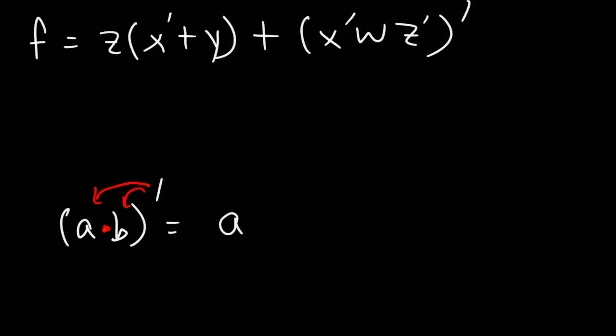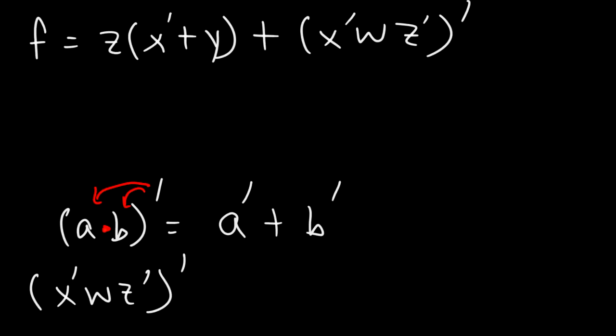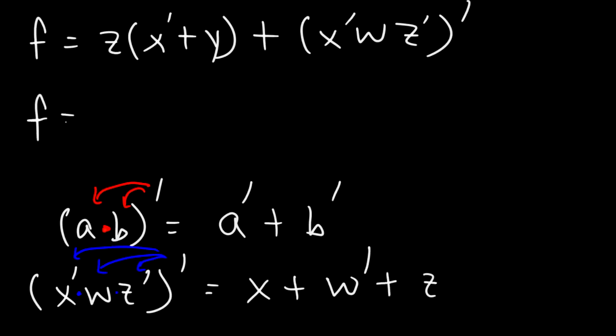So instead of A times B, it's going to be A plus B, but we're going to put the complement on A and B. So therefore, we can apply that here. So let's distribute the complement symbol to each variable on the inside, and let's change multiplication to addition. So it's going to be X plus W prime plus Z. So we could represent F this way as well.